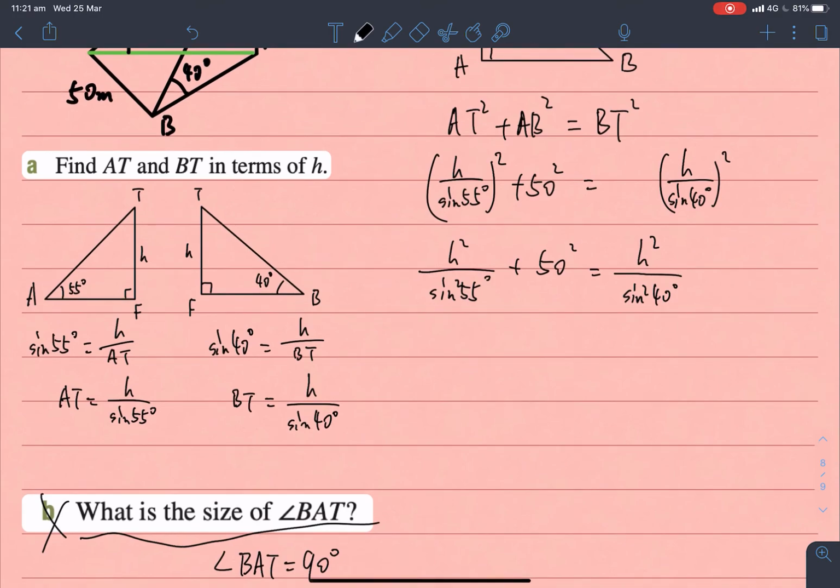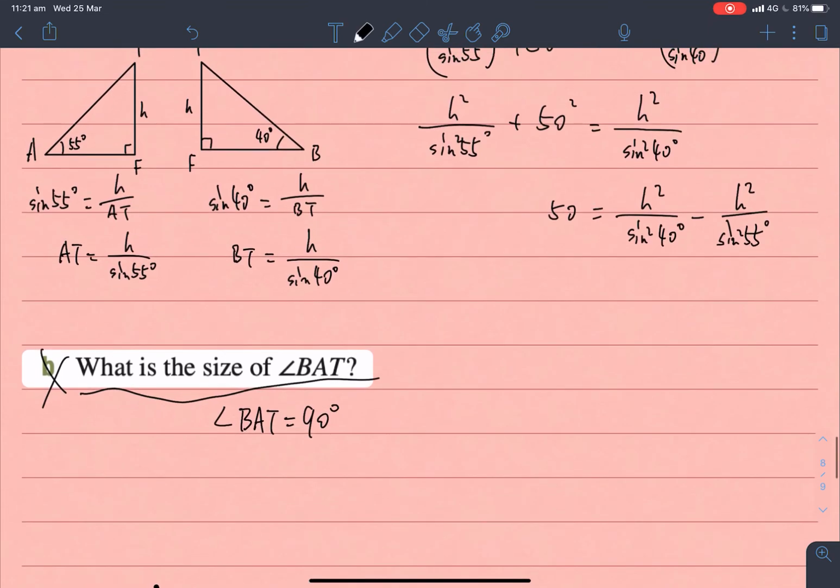I'm going to rearrange it a little bit, so 50 square equals H square times 1 over sine square 40 minus 1 over sine square 55. We can factorize the H square.